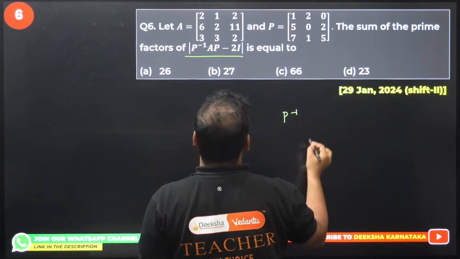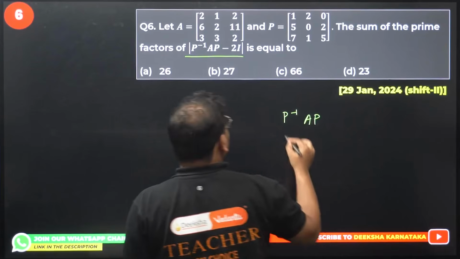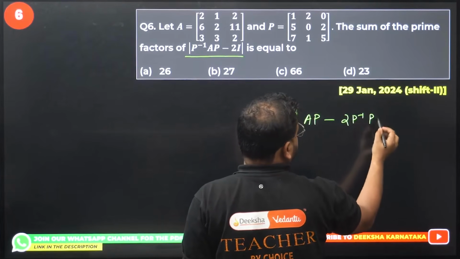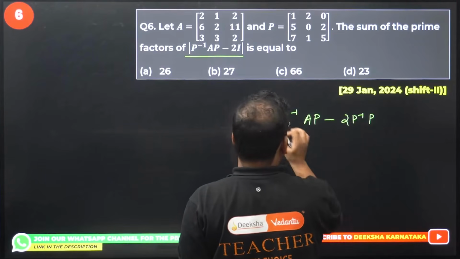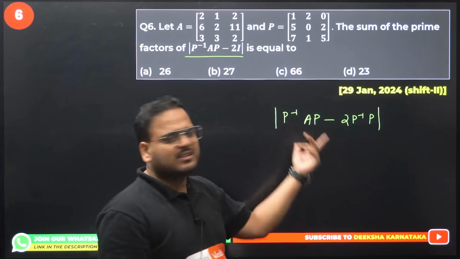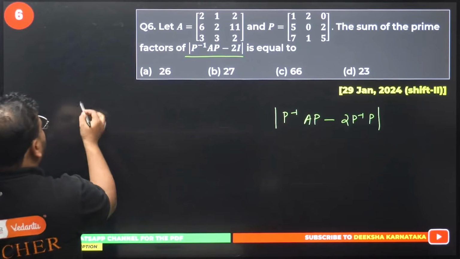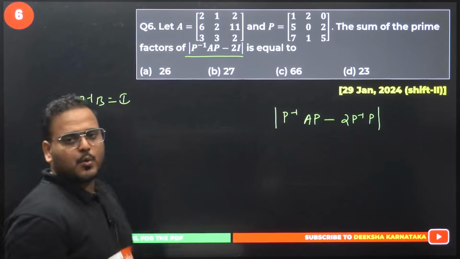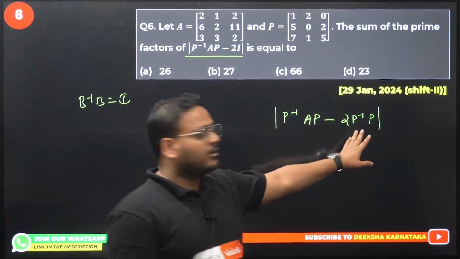I'll give you a hint, then you start solving it. Simply write this I as P inverse P. We know that P inverse P is nothing but I, the identity matrix. So we have written I as P inverse P.